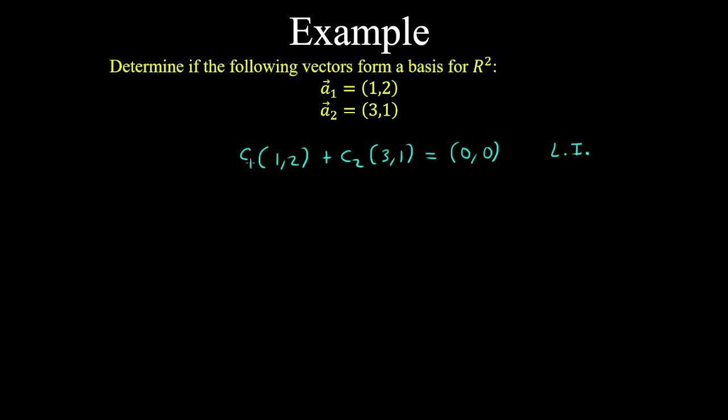So that gives a system of linear equations. So we have C1 plus 3C2 is equal to 0, and 2C1 plus C2 is equal to 0.